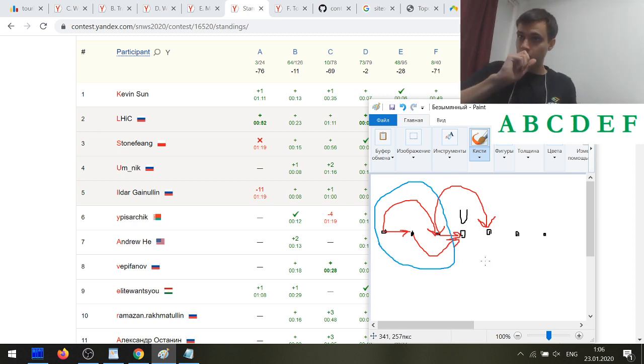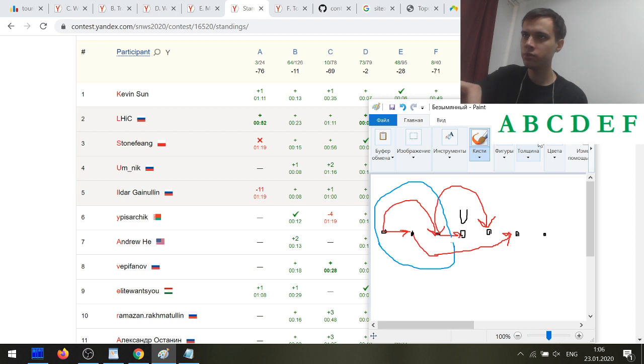And here is one thing. Consider some vertex. Suppose that we don't have this edge going to V from the second vertex, but let's say that this edge goes somewhere farther to the right.